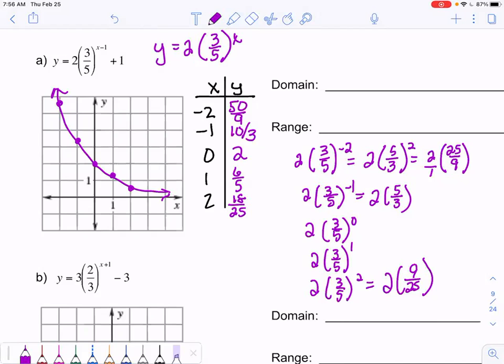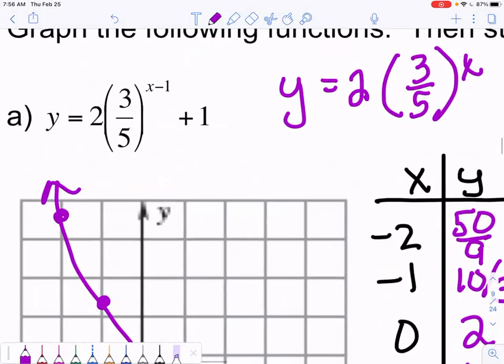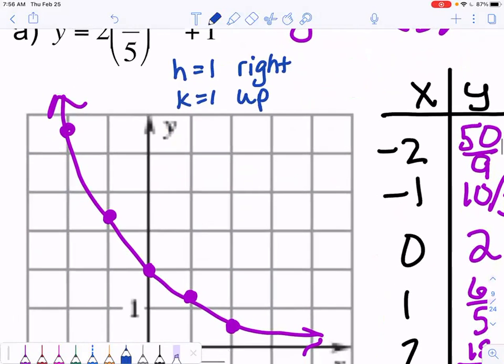How do you move the graph? So Ava, do you know how this graph moves based off of the x minus 1 plus 1? So H would equal 1 and H to the right one. Good, nice. So we're going to move each of these points right 1 and up 1.